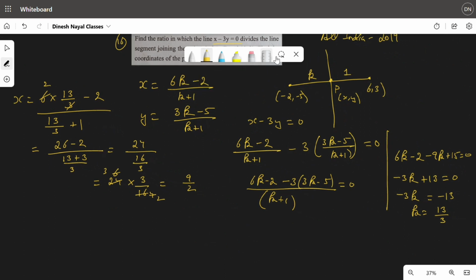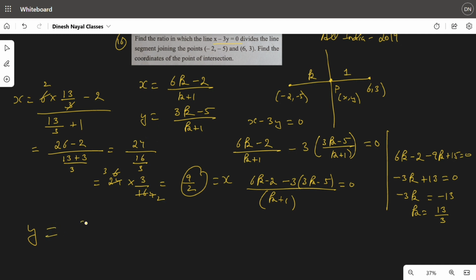Now we can find the y. For y, y is 3 into k, and we know that k is 13 by 3, so 13 minus 5 upon 13 by 3 plus 1.